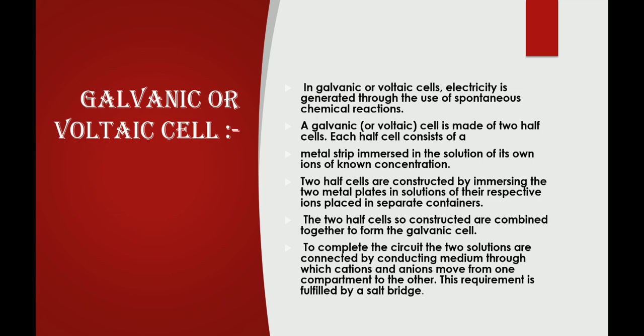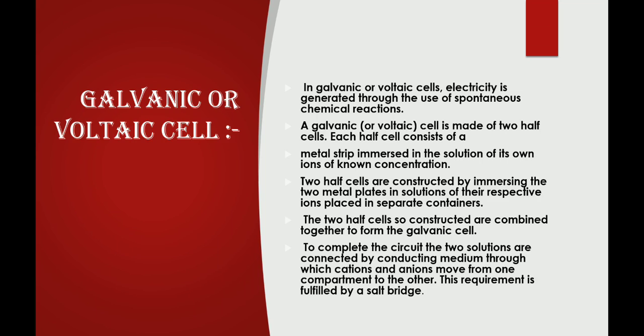The 2 half cells are constructed by immersing the 2 metal plates in solution of their respective ions placed in separate containers. The 2 half cells so constructed are combined together to form the galvanic cell. To complete the circuit, the 2 half solutions are connected by a conducting medium through which cations and anions move from one compartment to the other.